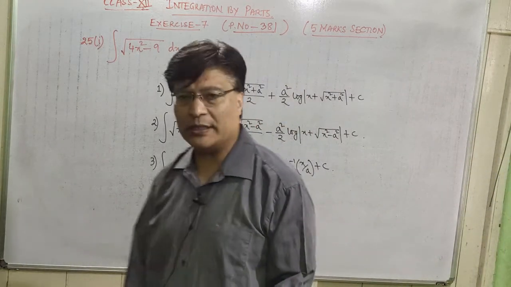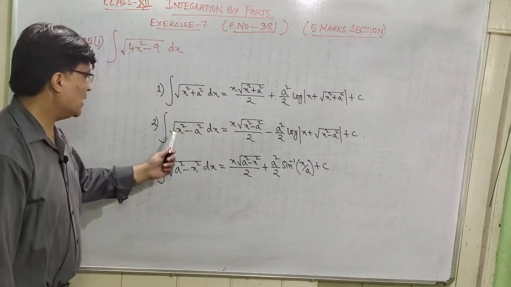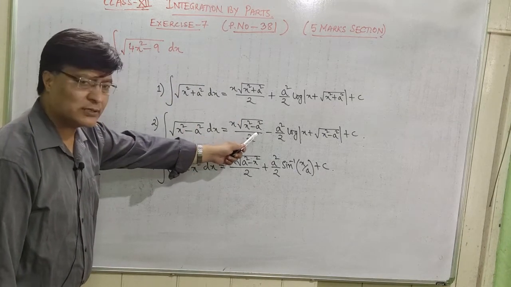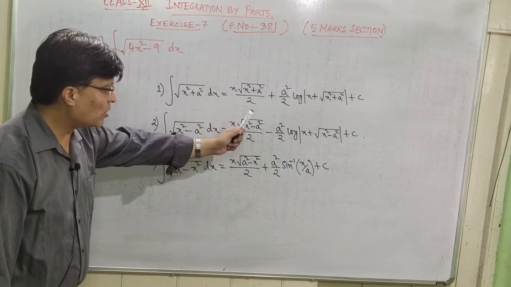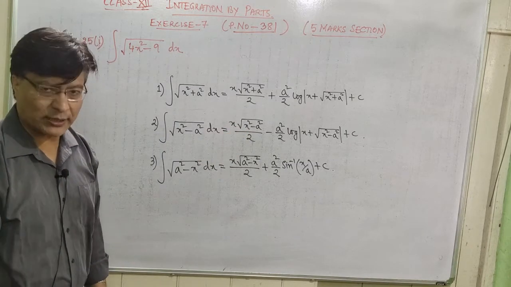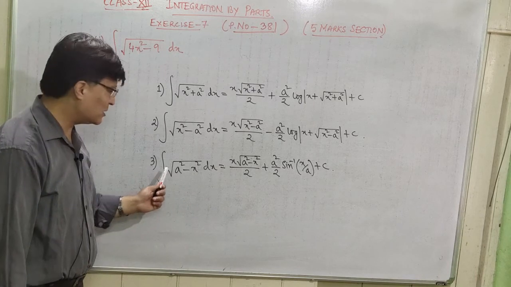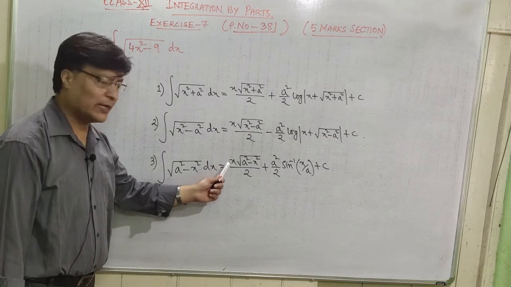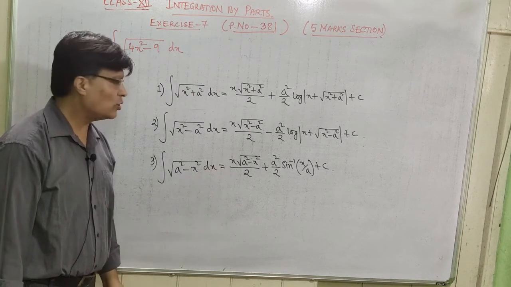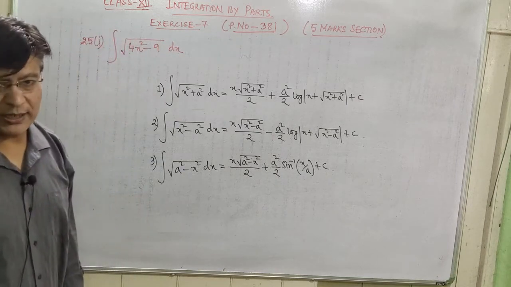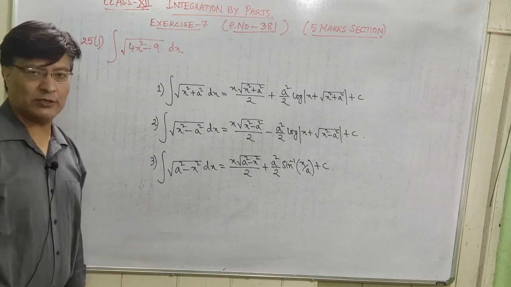Number 2 is the integral of root over x square minus a square dx, equal to x root under x square minus a square by 2, minus a square by 2 log mod of x plus root under x square minus a square, plus c. And the third standard integral is the integral of root over a square minus x square dx, equal to x root under a square minus x square by 2, plus a square by 2 sine inverse x upon a, plus c. So you should know these formulas.